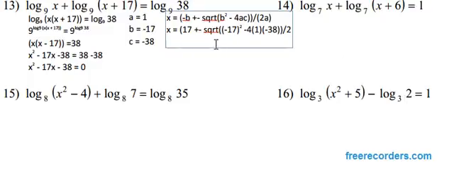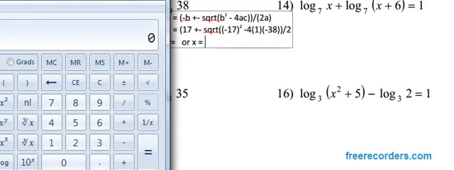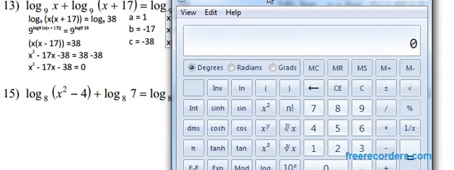So now to evaluate this, I go to my calculator. I'm going to end up saying that x equals something, or it equals something else. And I will get my calculator to see what it equals. So I bring my calculator over.